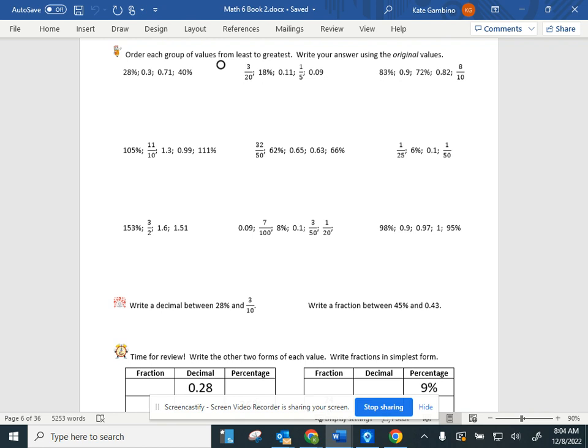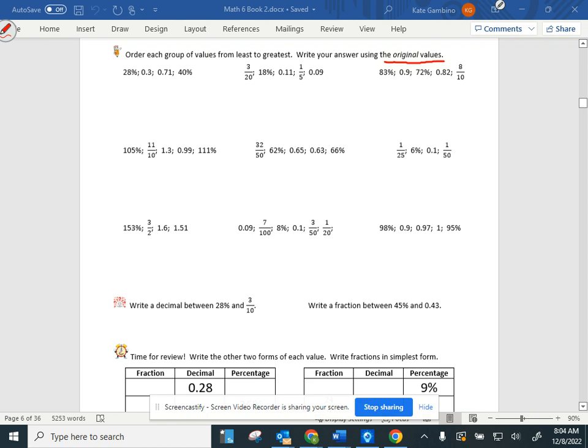So the easiest way to do it is to convert them all to a percentage. If it's already a percentage, you don't have to convert it. But if it's a decimal or a fraction, we want to turn them into percents. We've already learned how to convert fractions and decimals to percents. So we want to change them all to a percentage. We're going to figure out what's the smallest percent up to the greatest percent, and then we're going to write them in order with their original value.